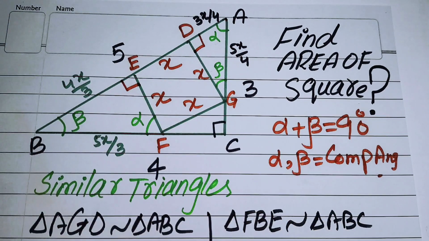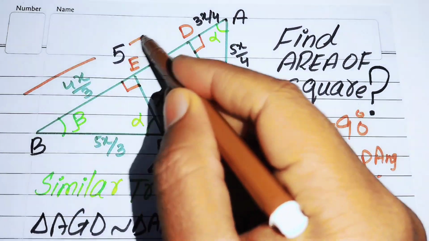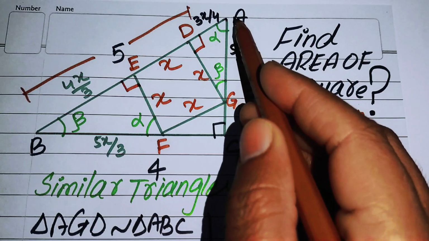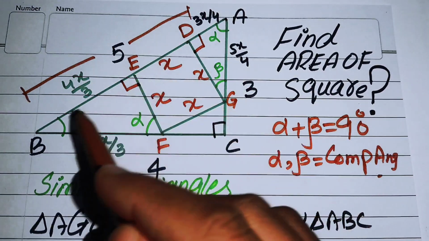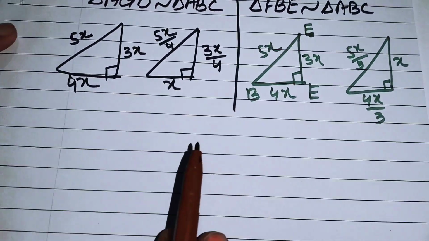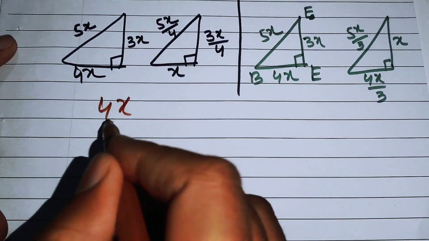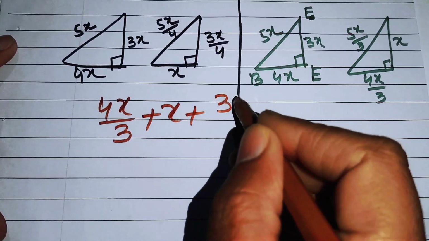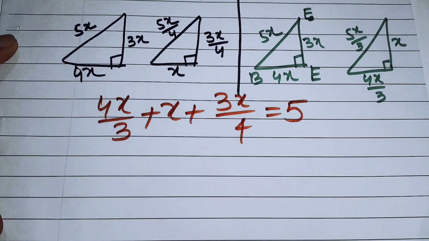So now after this step you focus on this right triangle and you focus on the hypotenuse AB. In AB we know that the total length of AB will be equal to 5, and we have the length of AD is 3x over 4, the length of DE is x, and the length of BE is 4x over 3. So we add all these lengths and it is equal to 5. So you get here 4x over 3 plus x plus 3x over 4 equals 5.